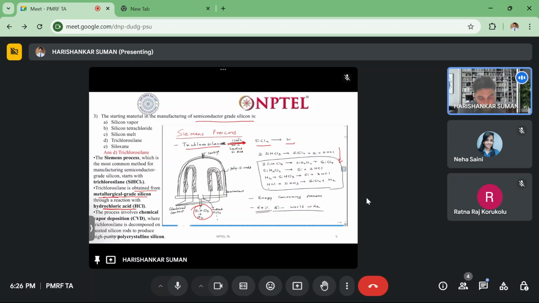You can see the process involves chemical vapor deposition, CVD, where trichlorosilane is decomposed on a heated silicon rod to produce high purity polycrystalline silicon.